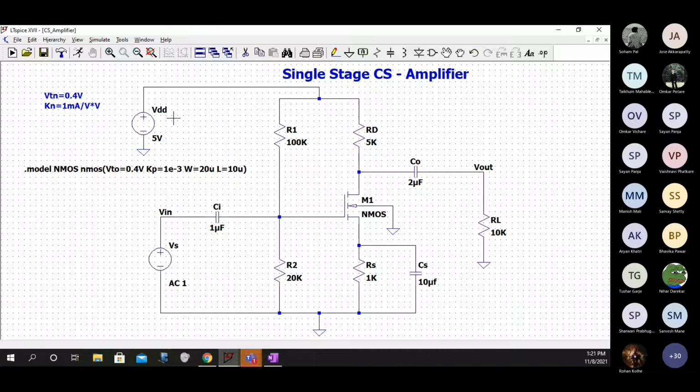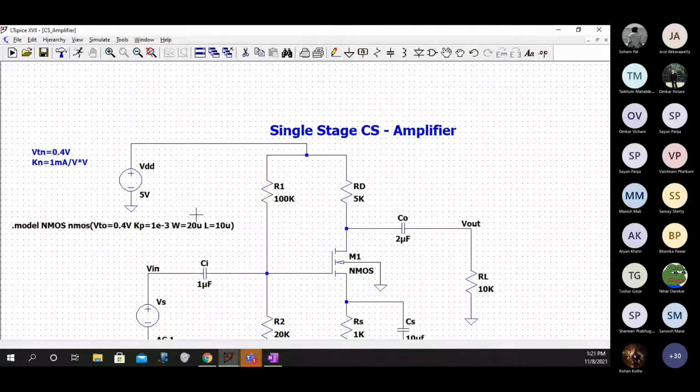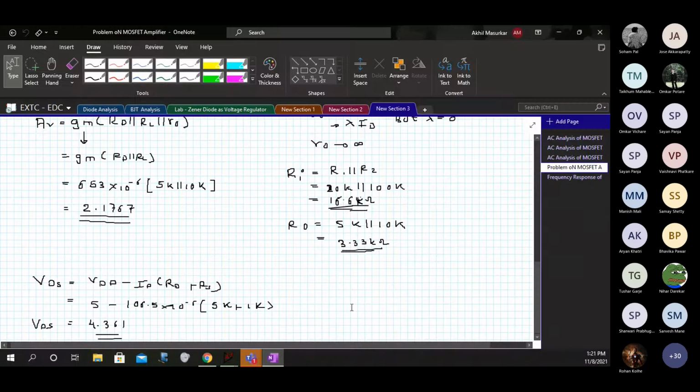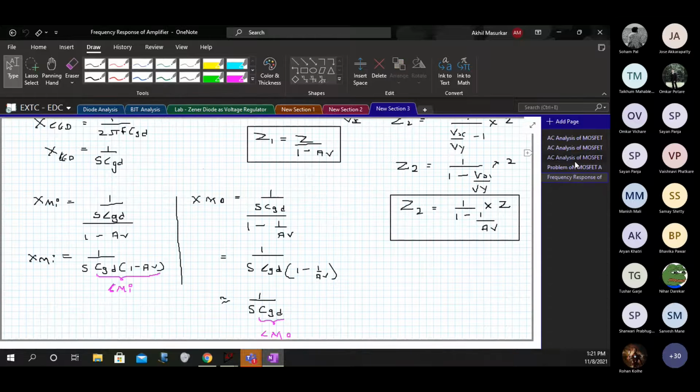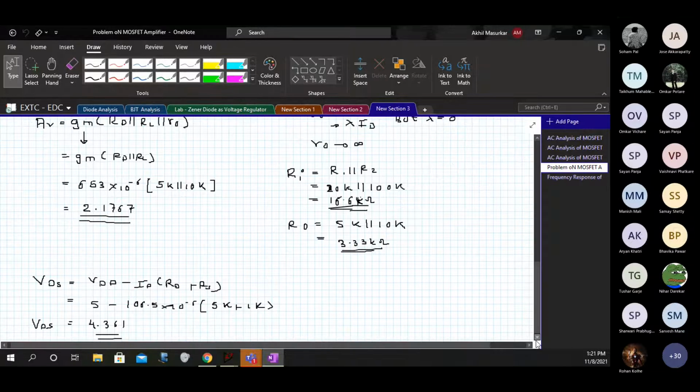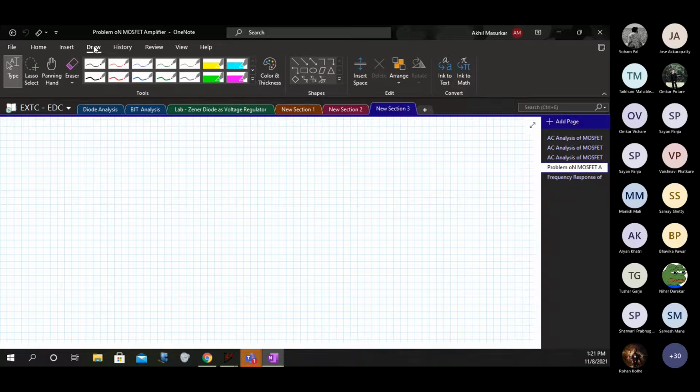Okay. So why it is in this state is our question. So let's have a look at that. Let's go to this problem itself.